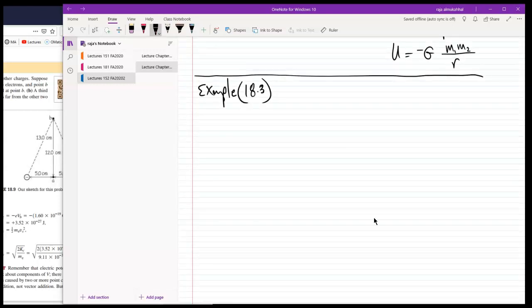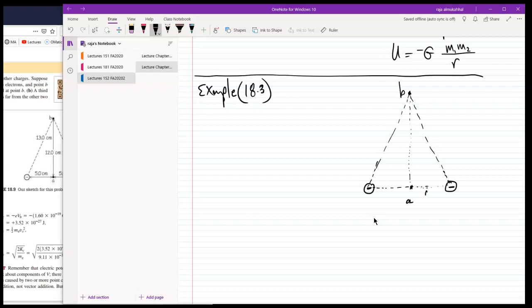Let me draw the triangle first. So I have two electrons, one here and one here. This is an isosceles triangle. This is point B, and directly below it is point A. Sorry for the crooked line.